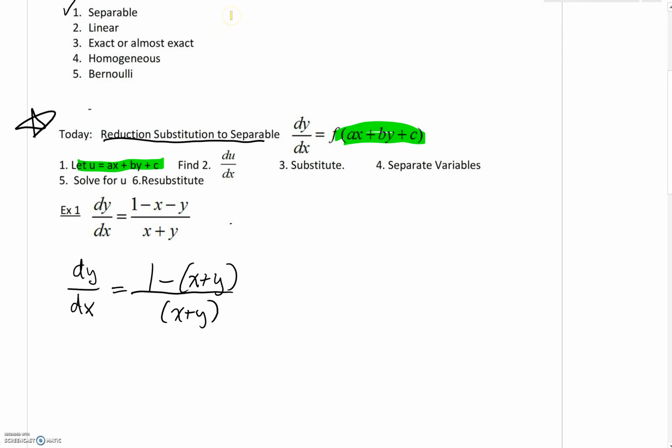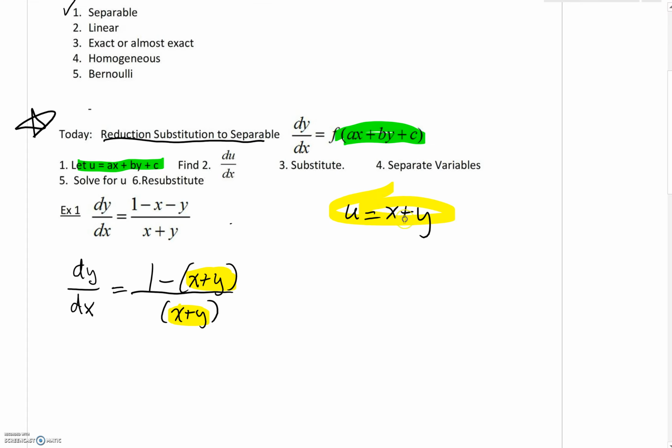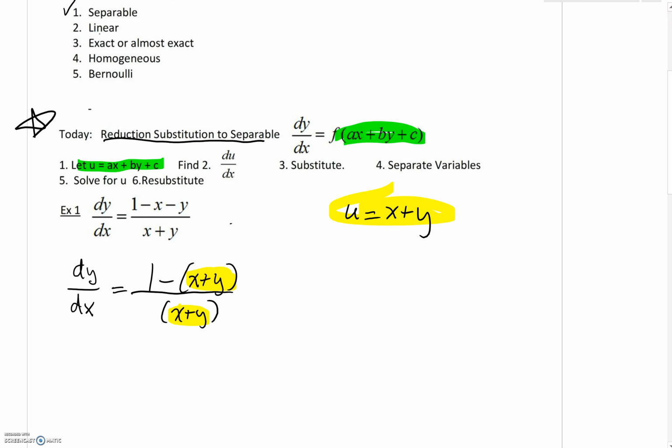And at that point, what we can really make note of is, wow, that's the same exact expression, so we could go ahead and get u equals x plus y. Let's go ahead and make a substitution where we're going to be able to do that. So if you see a nice reoccurring pattern there, or sometimes it just shows up once, it's clearly something that you can substitute, go ahead and do that.